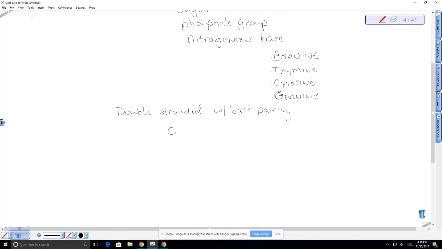This is what is referred to as Chargaff's rule. A hydrogen bonds with T, that's a weak bond. And then C will hydrogen bond with G. So that is the double-stranded with base pairing.